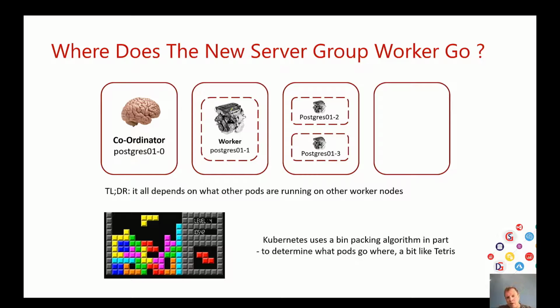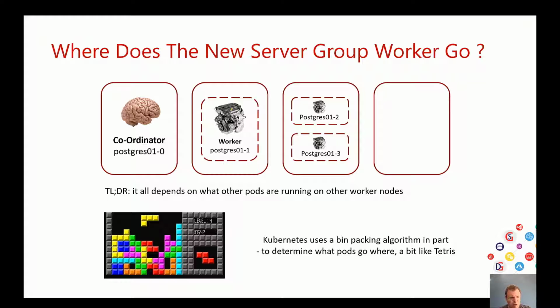As I mentioned earlier on, you need a data services controller to begin with. The act of deploying that, and also the fact that you might have Azure Arc Managed SQL Server instances on the same Kubernetes cluster, might mean that the worker node that you want to scale your server group out to already has other pods running on it. One of the key algorithms that Kubernetes uses to schedule the execution of pods on worker nodes is a bin packing algorithm.